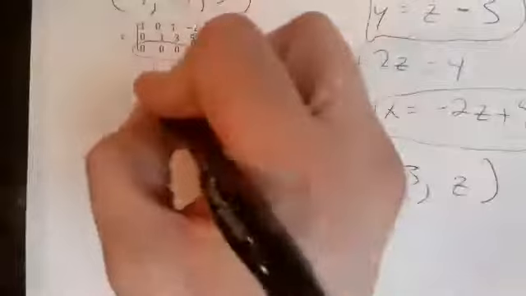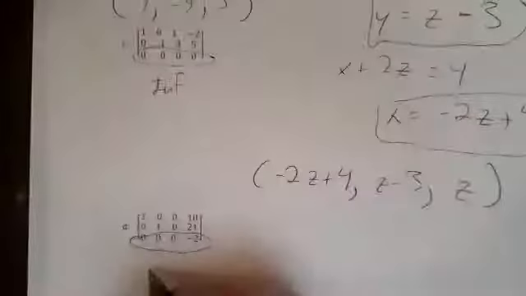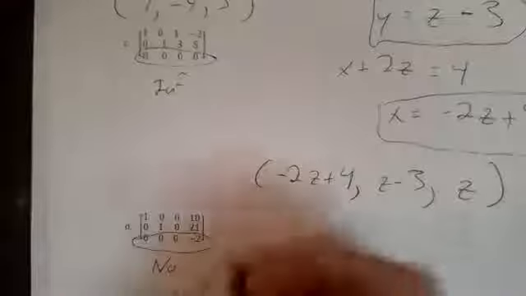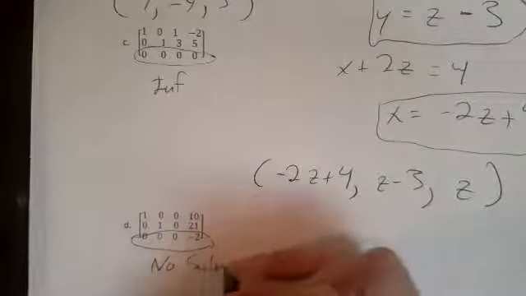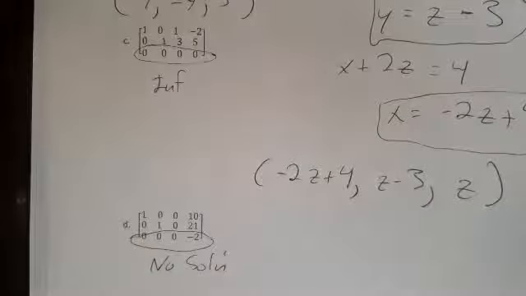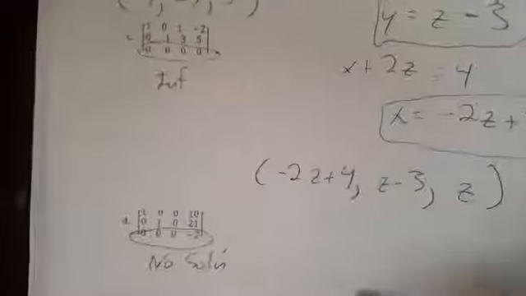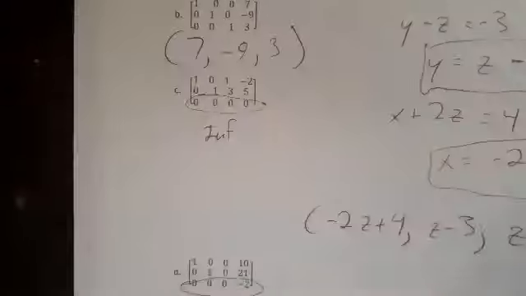Infinite again? Yeah, this is going to be infinite, and this is going to be, right? No solution? Okay, so that is going to be infinite solutions. So we've got to do a bit of solving.